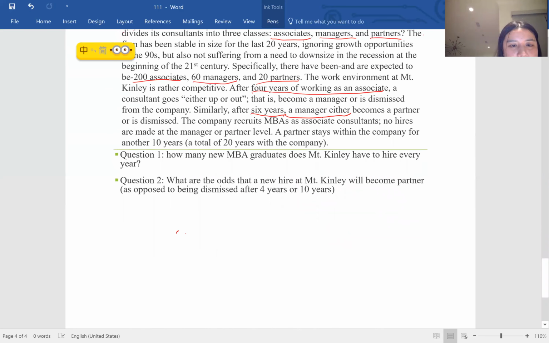They have associate, manager, and partner levels. They need to spend 4 years to become a manager, and another 6 years to become a partner.